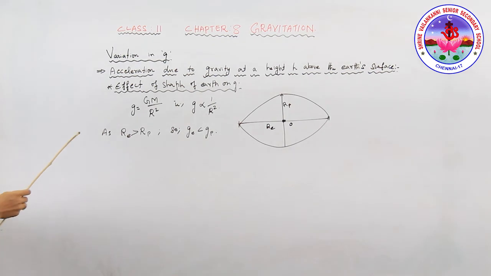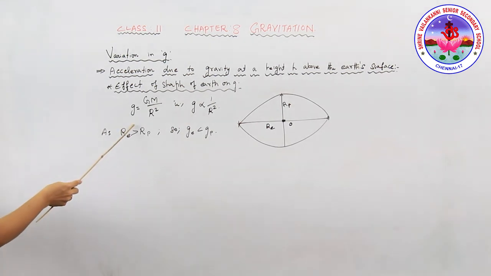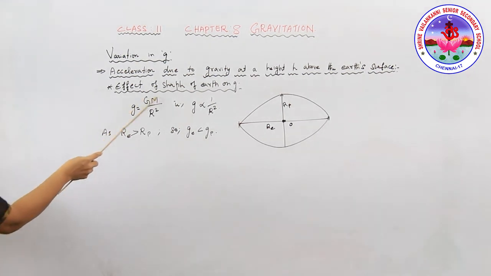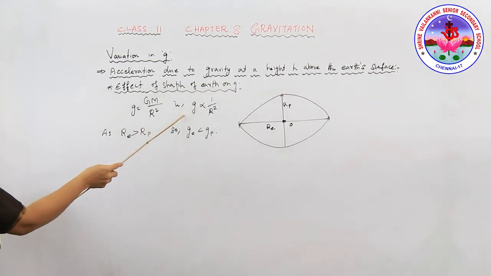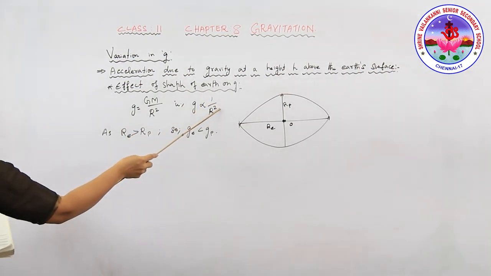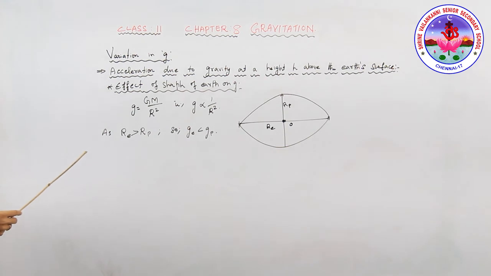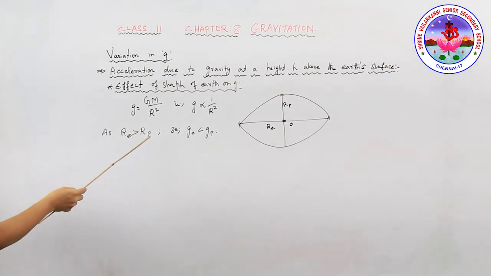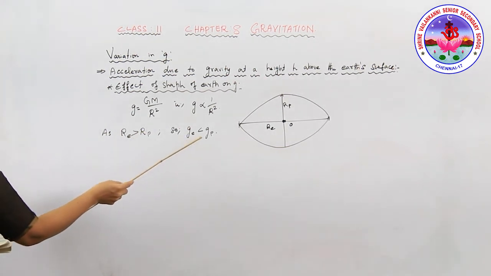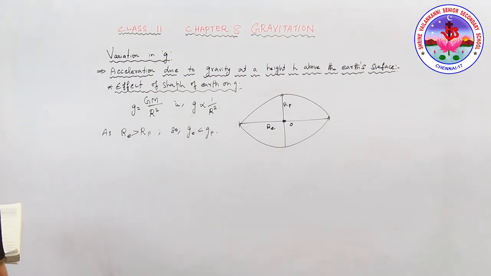The gravity at the Earth's surface g is equal to GM by R square, that is, g is inversely proportional to R square. As RE is greater than RP, gE is less than gP. So the value of g is minimum at the equator and maximum at the poles. That is why the weight of a body increases when it is taken from the equator to the poles.